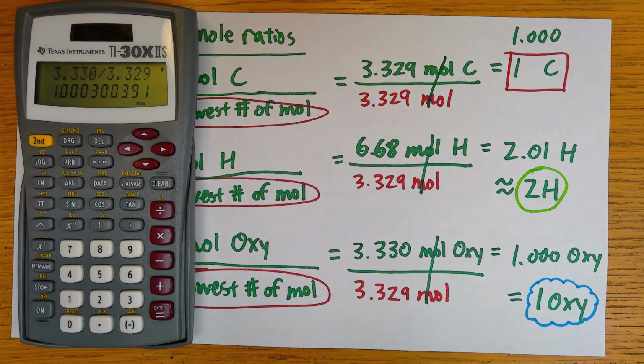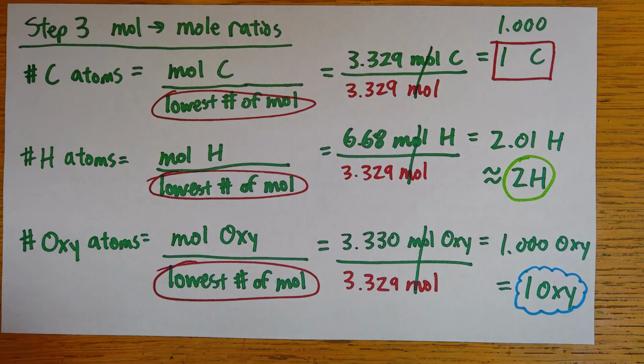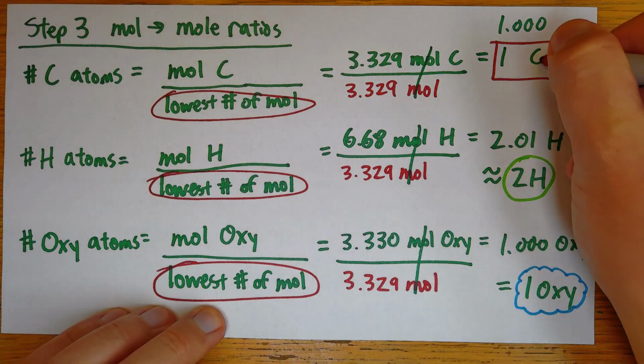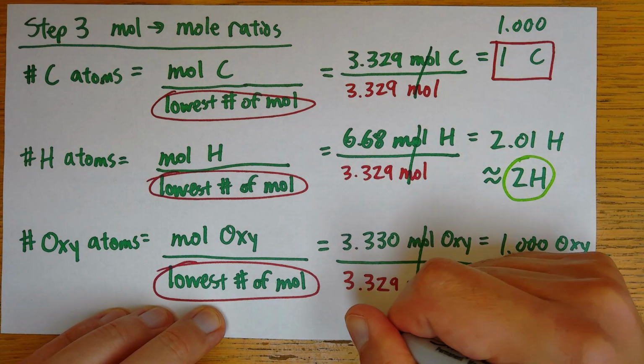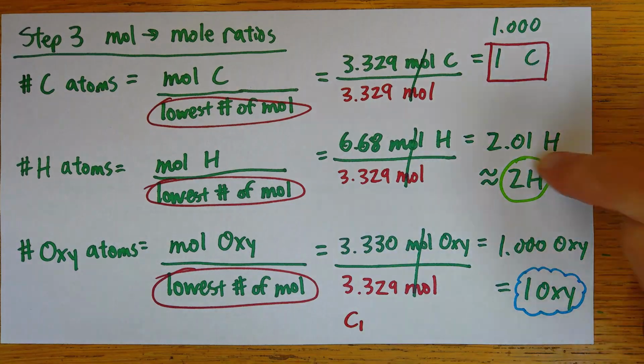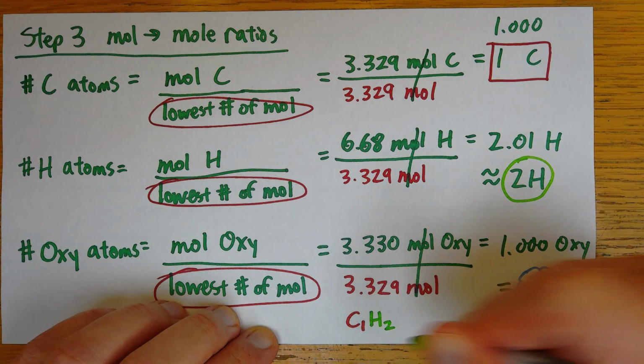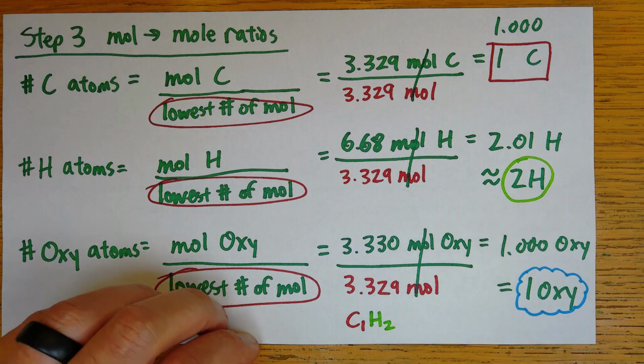Happy little cloud, Bob Ross style. And we have an empirical formula of C1, H2, and O1.